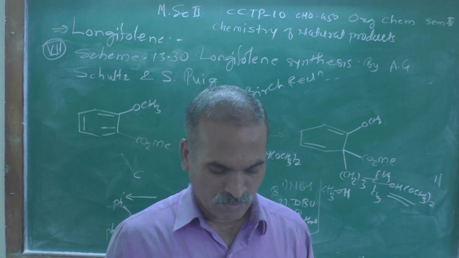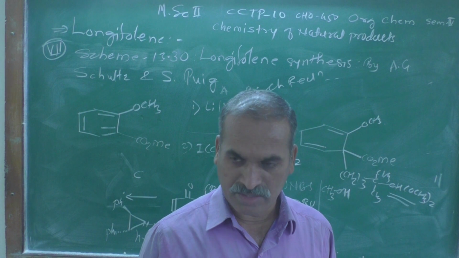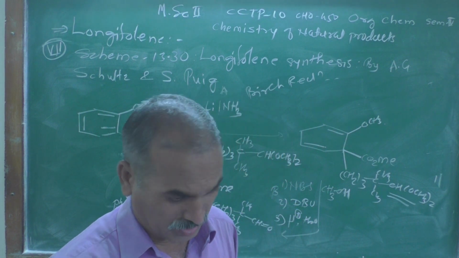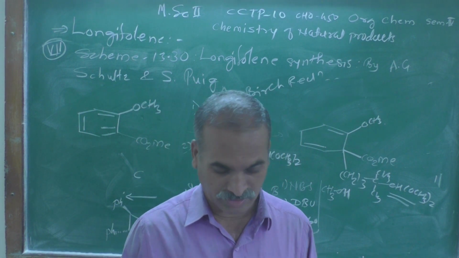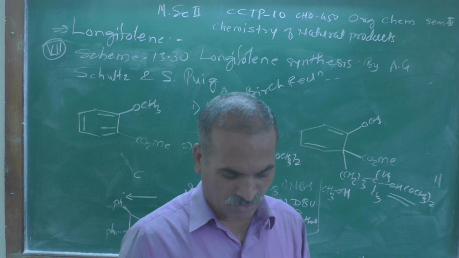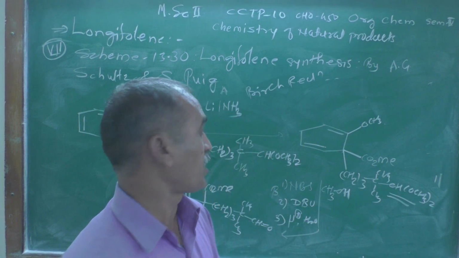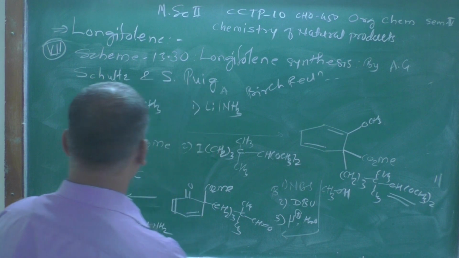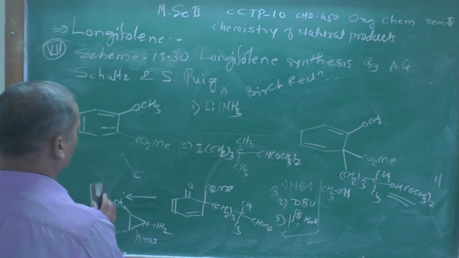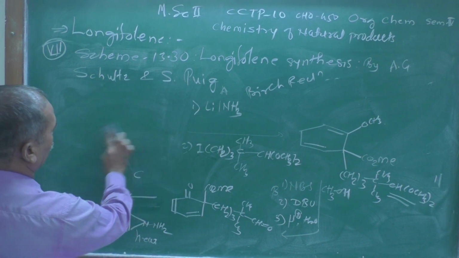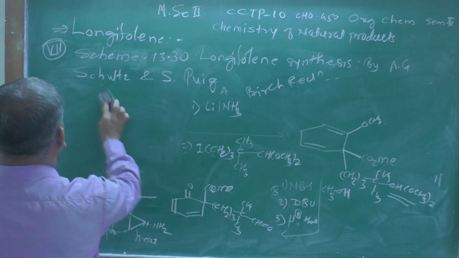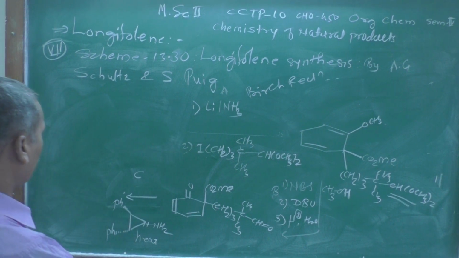So this is a photochemical reaction, and this photochemical reaction is very important here, because it forms a tricyclic compound over here. And after the treatment of this C reagent, what are you going to get? You are going to get the product over here.